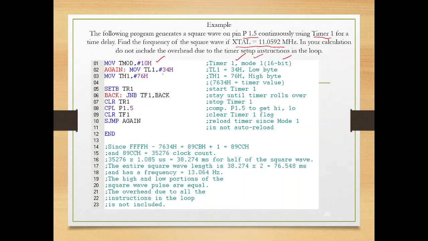The low byte value is sent, the high byte value is sent, the timer register is set, and then the condition is checked here for the flag bit.